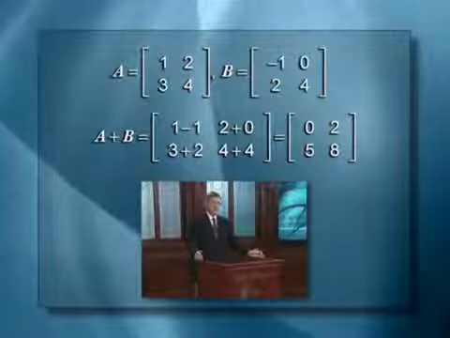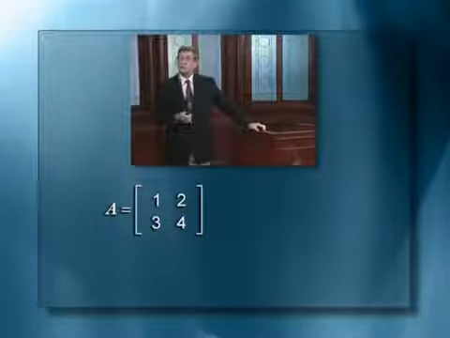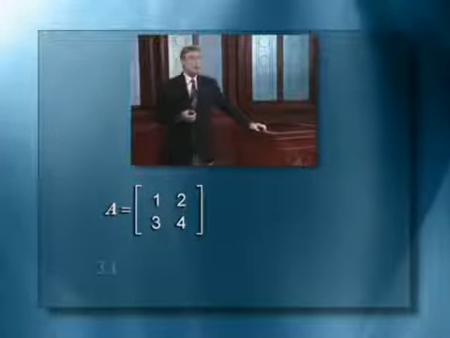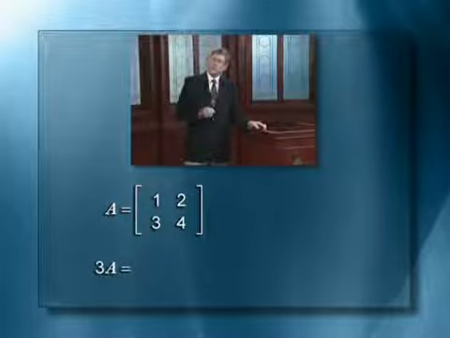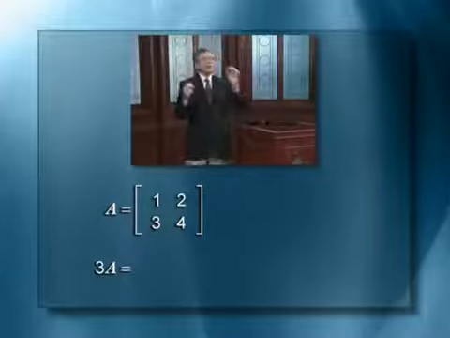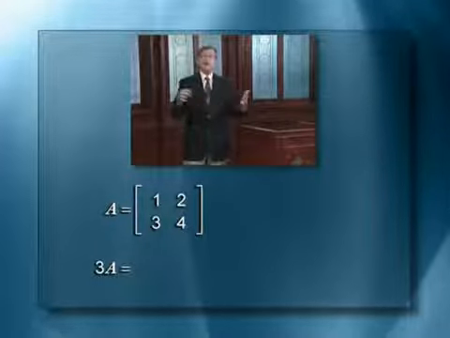Pretty simple operation. Well, you can also multiply a matrix by a constant, by a real number. In fact, we've often used the term scalar here. You can multiply a matrix by a scalar. Let me show you an example. Let's take A to be our old friend 1, 2, 3, 4, the 2 by 2 matrix. What would 3 times A be? Well, all you do is multiply each entry of A by 3.